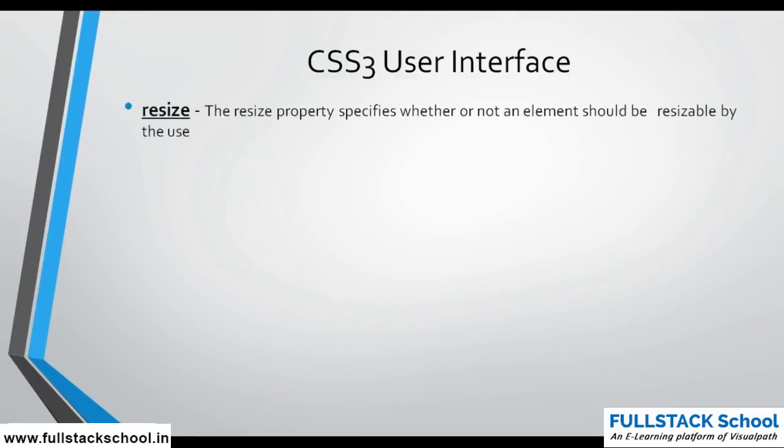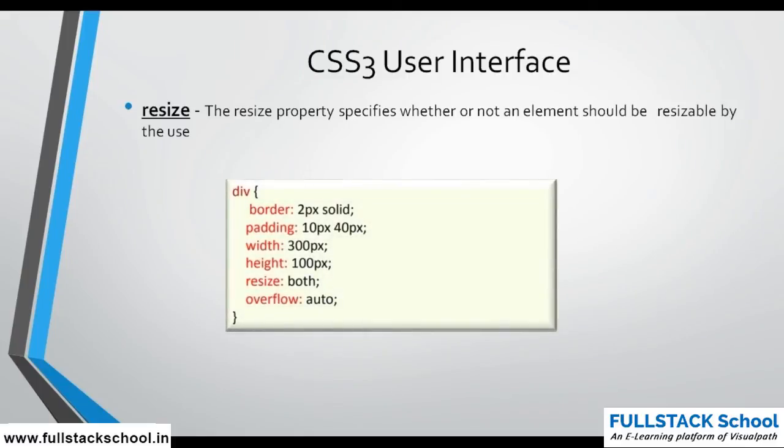Resizing. This resizing property specifies whether or not an element should be resizable by the user. Example, you can see the border, padding, width, height, resize both, and the overflow.